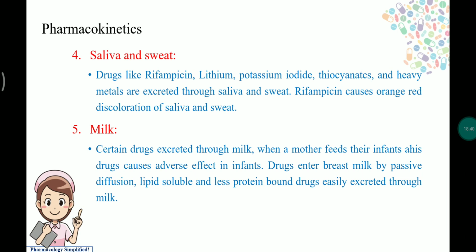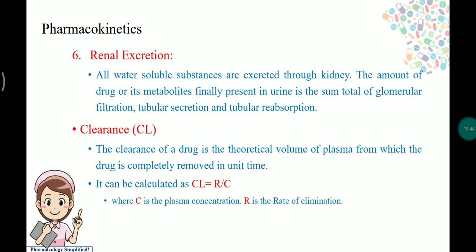So we must consider lactating women when administering some drugs. Renal excretion: all water soluble substances are excreted through the kidney. The amount of drug or its metabolites finally present in the urine is the sum of the total glomerular filtration.